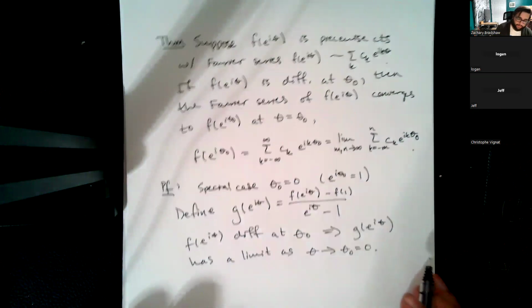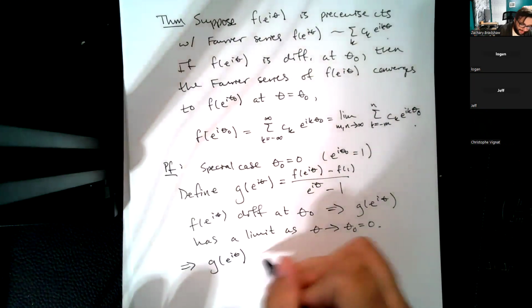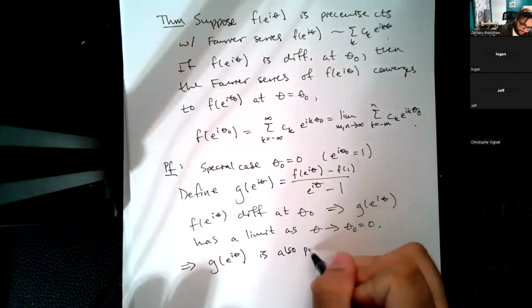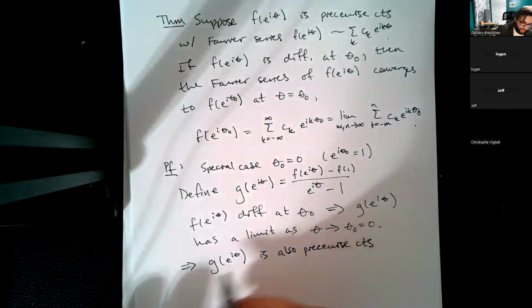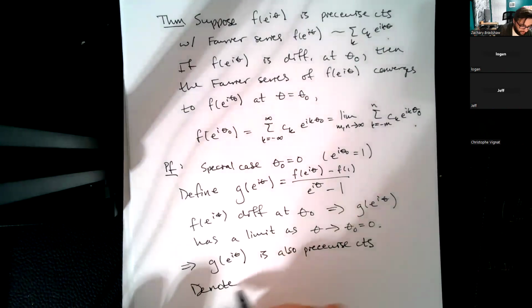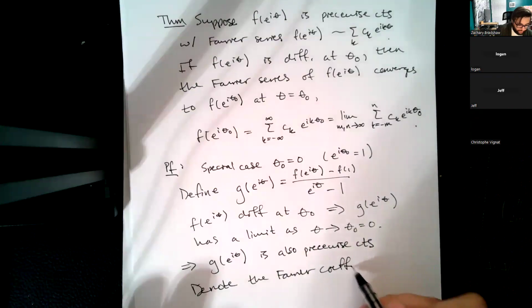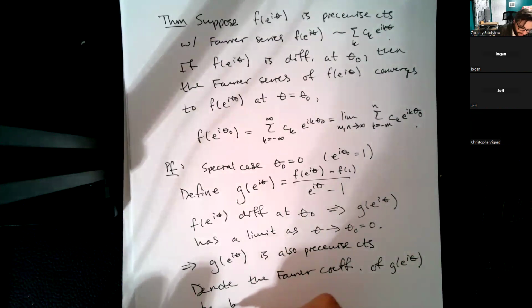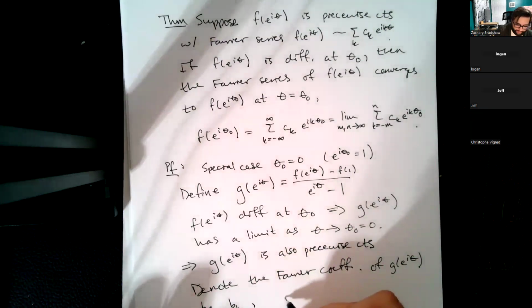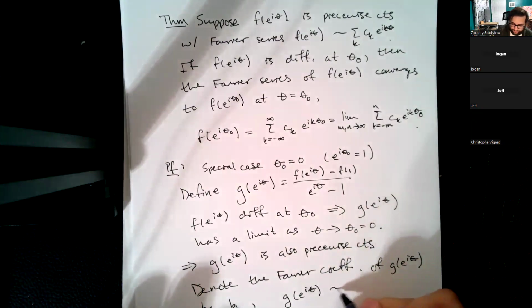So consequently, this g of e to the I theta is also piecewise continuous. And we can denote the Fourier coefficients of that function by bk, so that g of e to the I theta is, I don't want to write equals, I want to say it's related to its Fourier series.